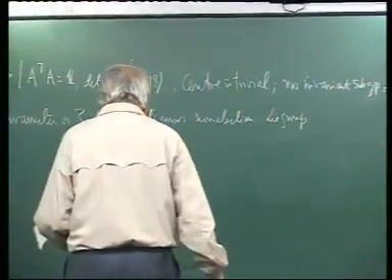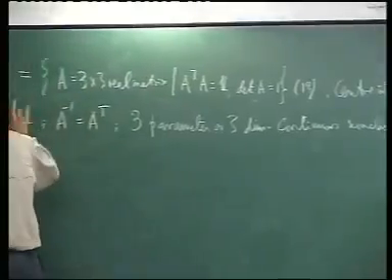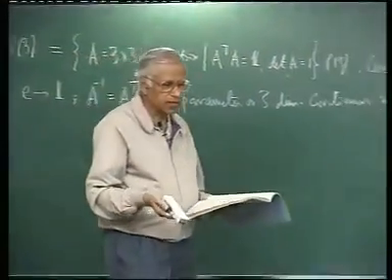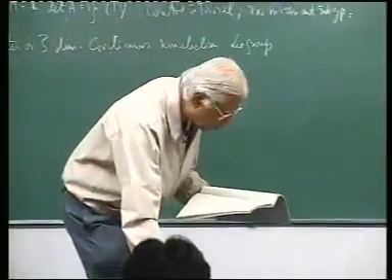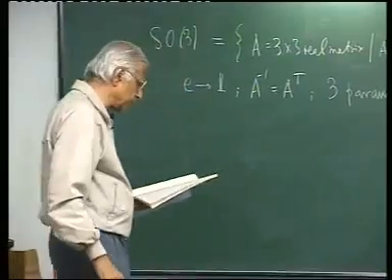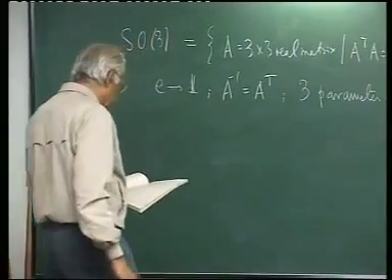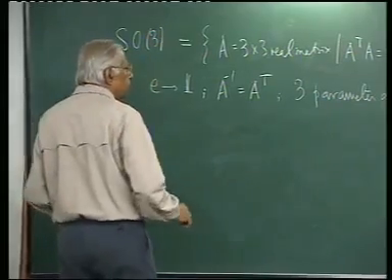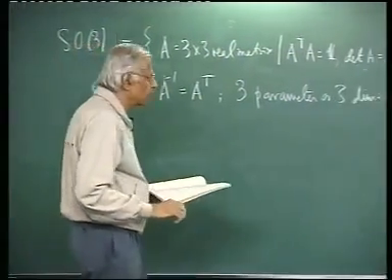Then we will look at the structure of the group manifold. Just as we said, for the group SO2, the manifold is the circle S1. We will see what the manifold of SO3 looks like. There will be a nice surprise. And many, many other properties. Conjugation, equivalence classes, all these things we will study.